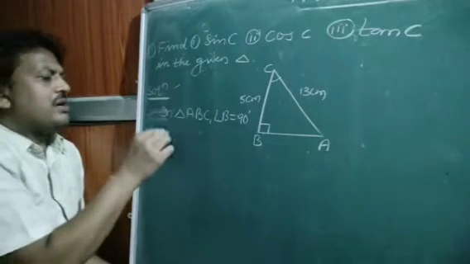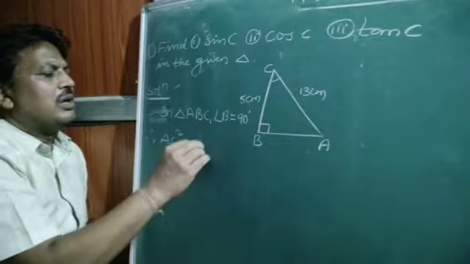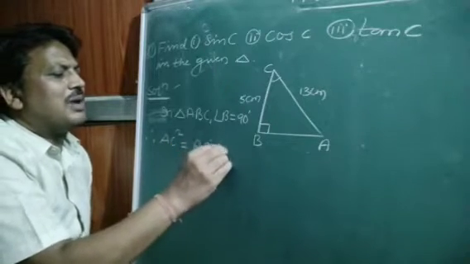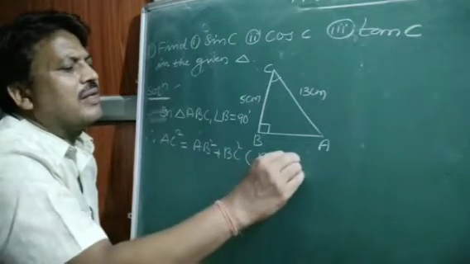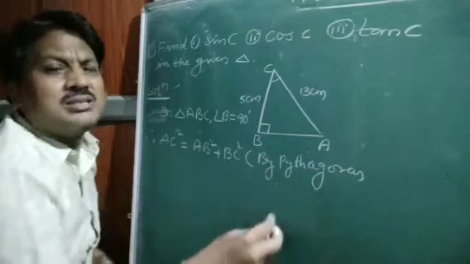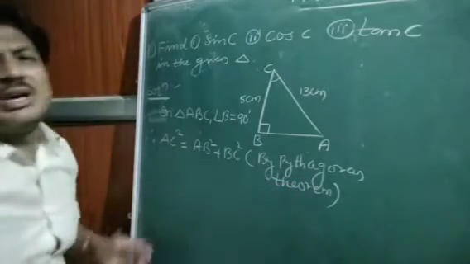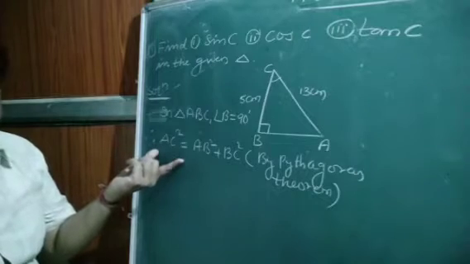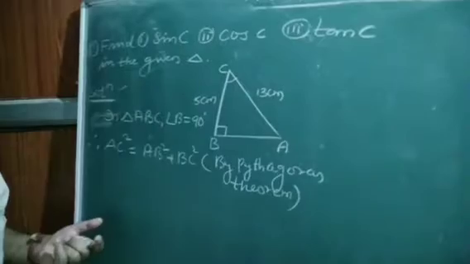Therefore, what can I write? Hypotenuse side square is equal to AB square plus BC square. How can you say children? By Pythagoras theorem we can say that hypotenuse side square is equal to adjacent side square plus opposite side square, children.